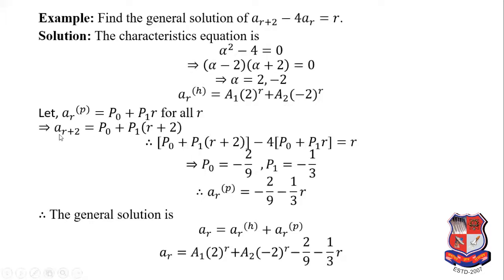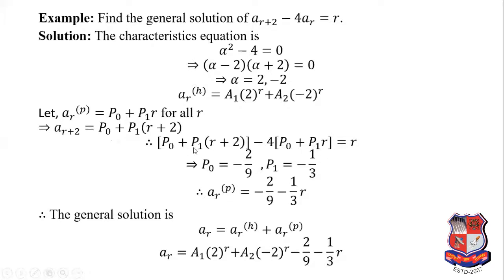So the value of a_(r+2) we'll get as P0 plus P1 (r plus 2). If you substitute the values of a_(r+2) and a_r^(P) in the given recurrence relation, we'll get P0 plus P1 (r plus 2) minus 4 (P0 plus P1 r) equal to r.